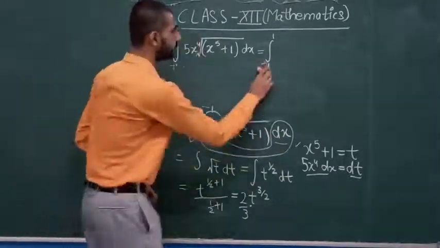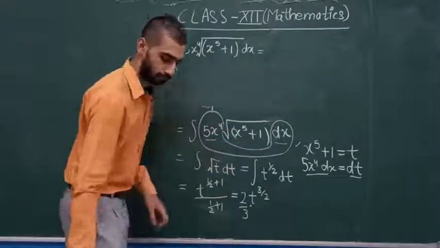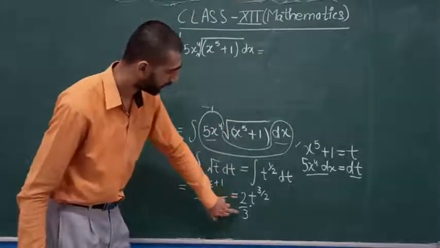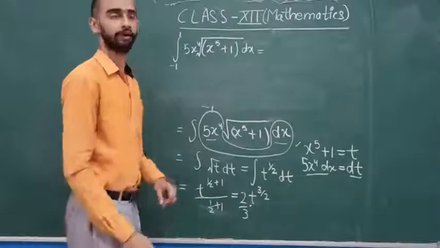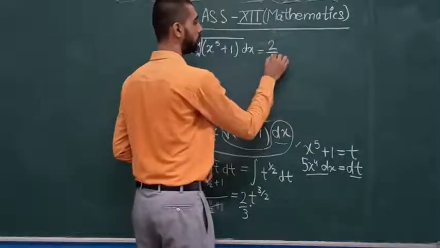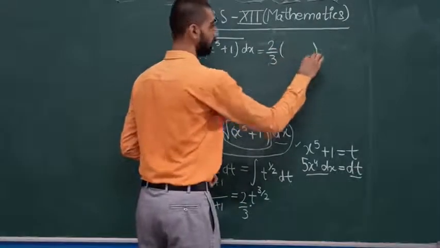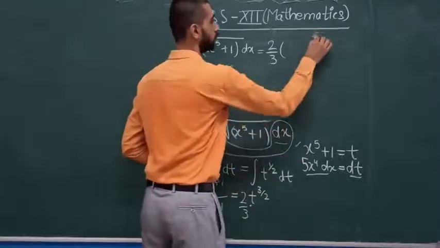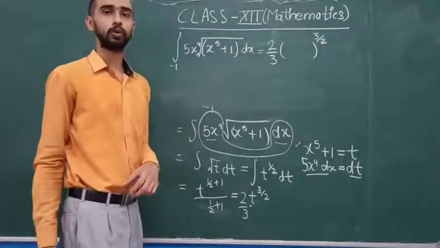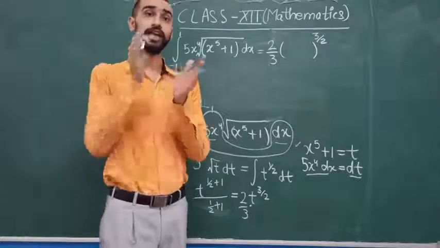I will not write the limits here again. This is my answer, 2 upon 3 t to the power 3 by 2. Now what I will do? I will put the value of t again back.